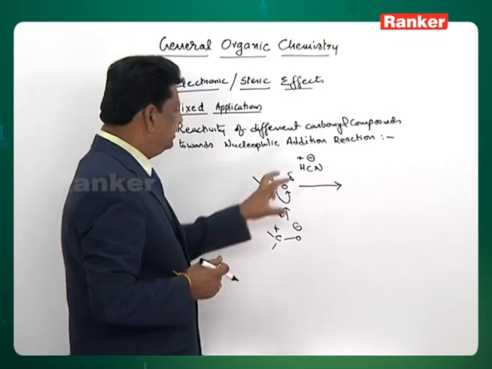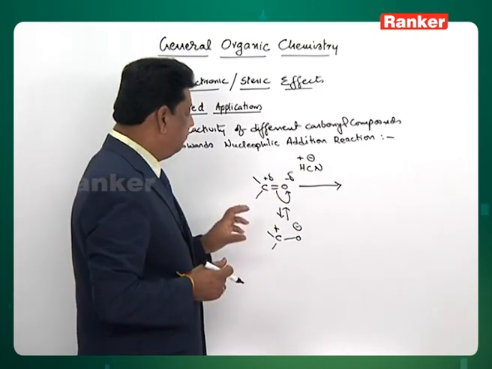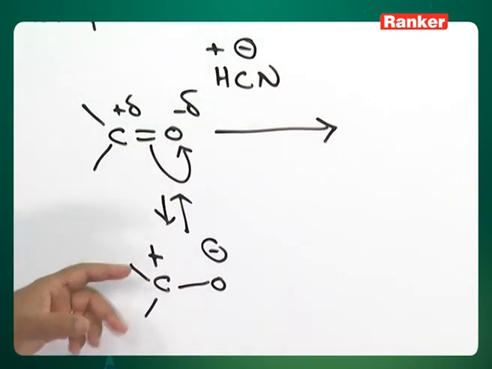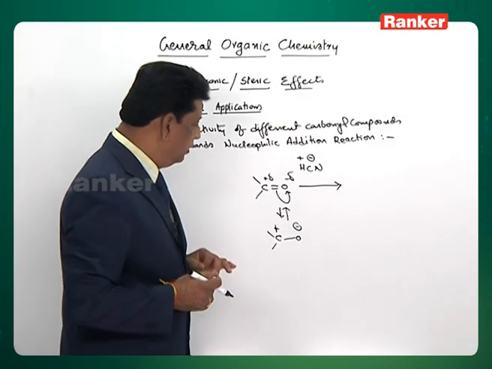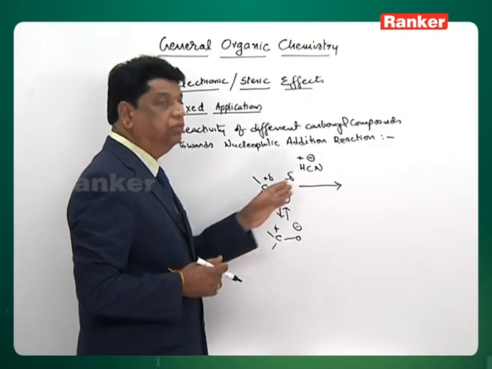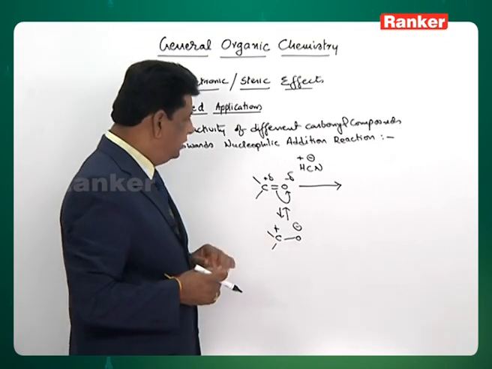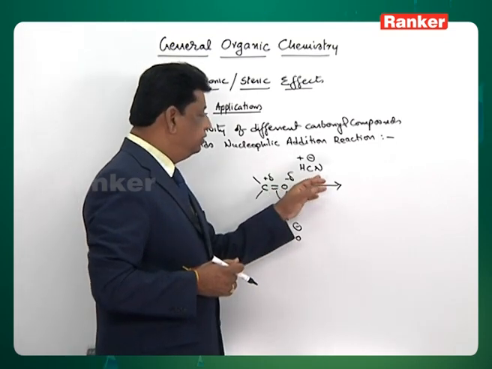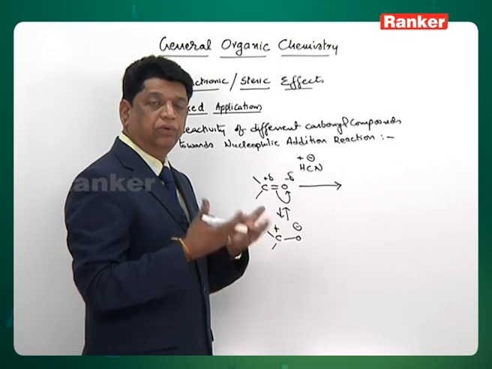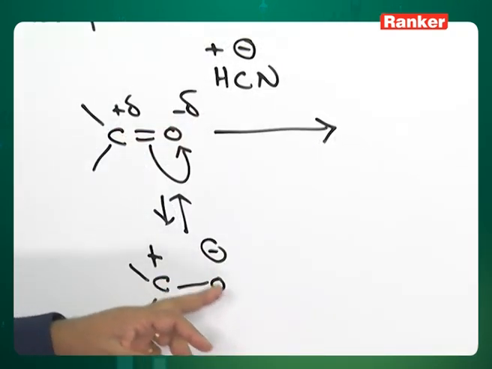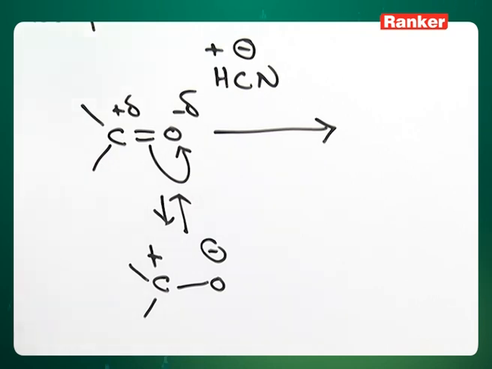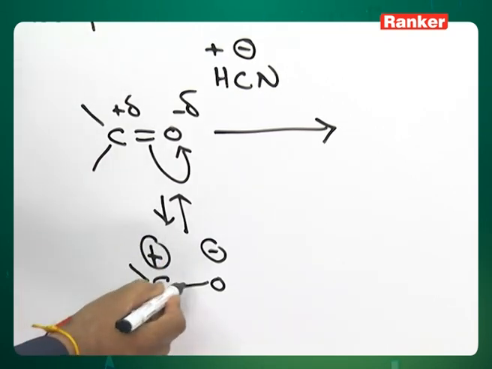Under these conditions, if you add HCN, no doubt H and CN are adding accordingly, the minus attacks on the plus, the plus attacks on the minus. But the wonderful point is, out of these two, it is not correct to say which is the stronger one, therefore which attacks, but that is not the question. Out of the C plus and O minus, C plus has only a 6 electron system.